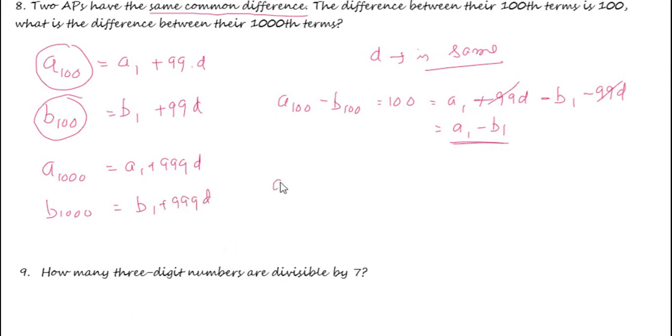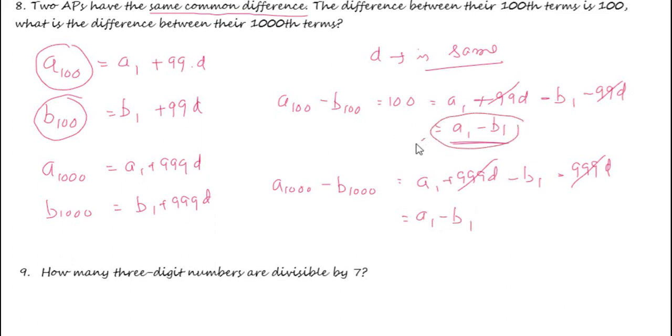So A1000 minus B1000 is equal to A1 plus 999D minus B1 minus 999D. These two get cancelled. So this is also A1 minus B1, but we know A1 minus B1 is 100, they have given it. So the difference between the 1000th terms is also 100.